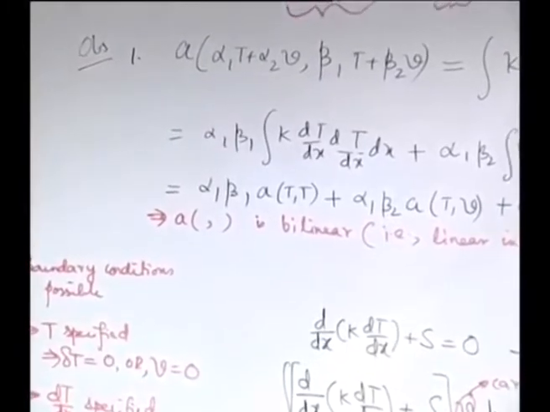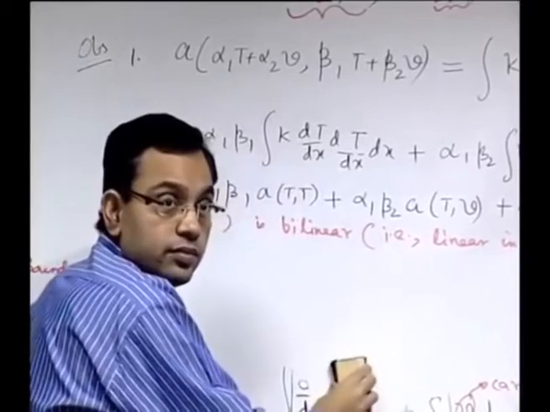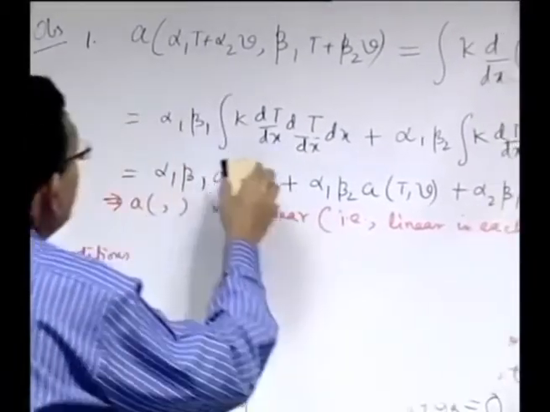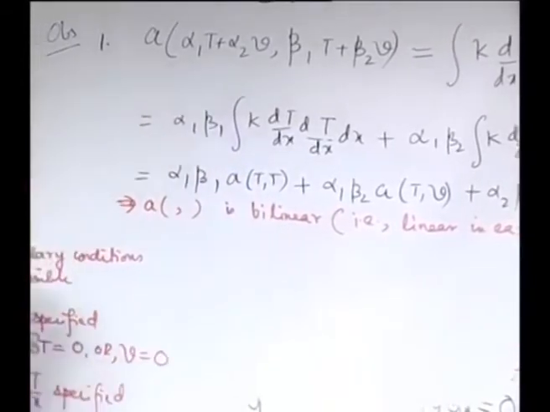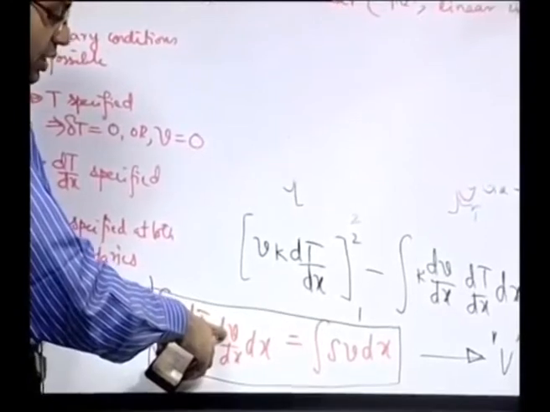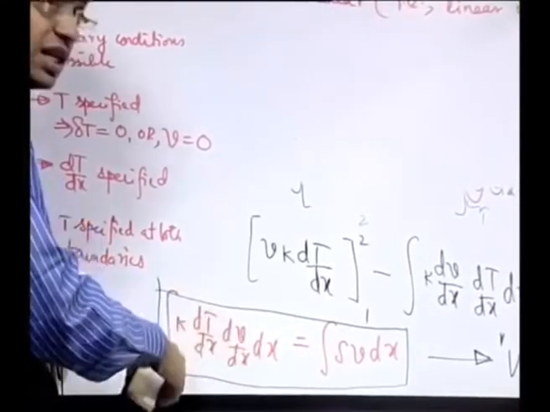Let us make the second observation. A(T,V) means in place of T it is T, in place of V it is V. A(V,T) means in place of T it is V and in place of V it is T. Here of course they are the same.